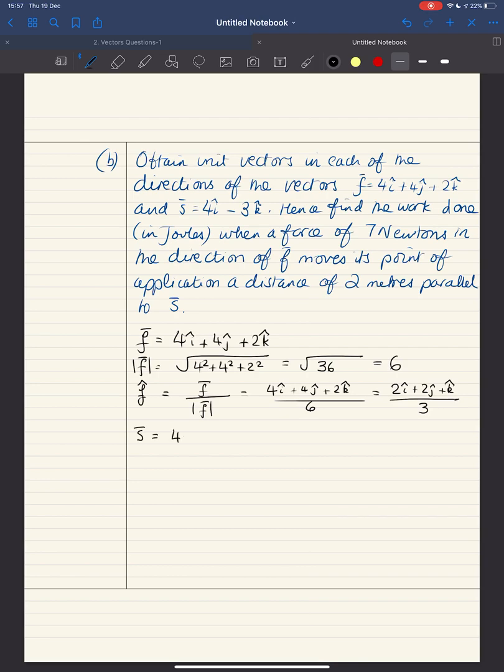Vector S is 4i minus 3k. The modulus of S is the square root of 4 squared plus minus 3 squared. Square root of 16 plus 9. Square root of 25, which is 5. S hat is S divided by the modulus of S. So it's 4i minus 3k divided by 5.